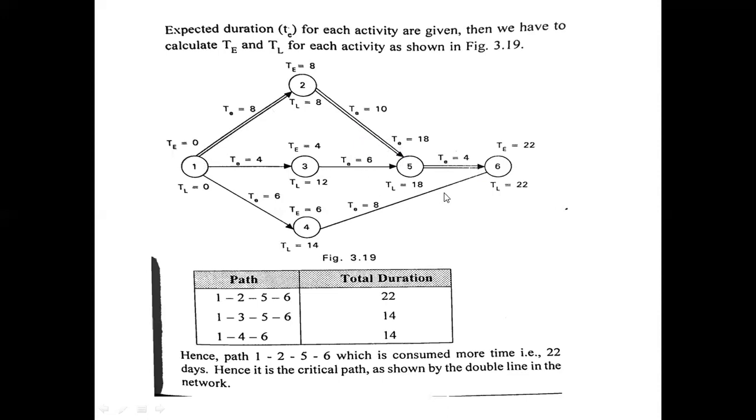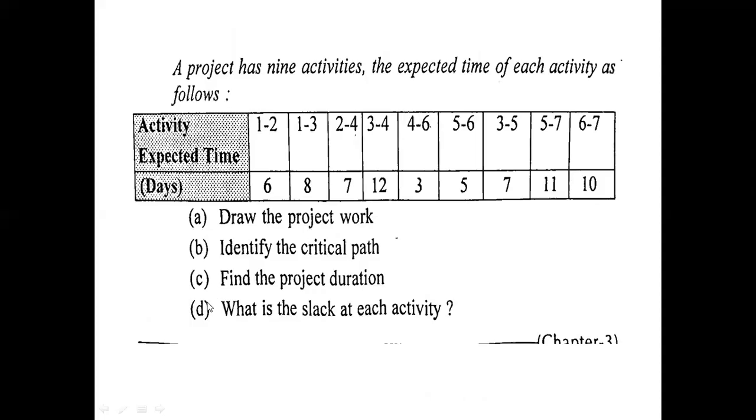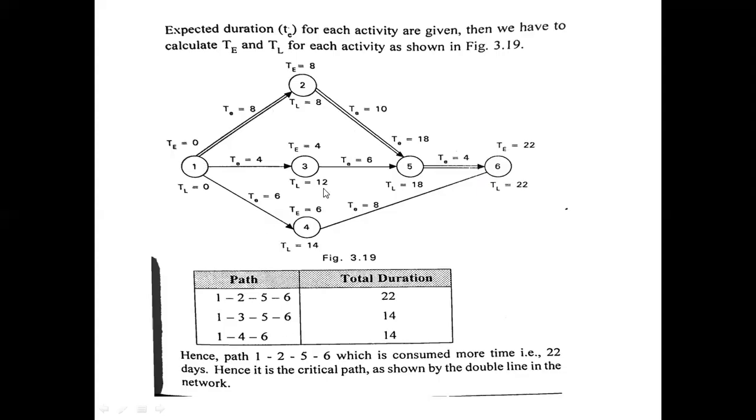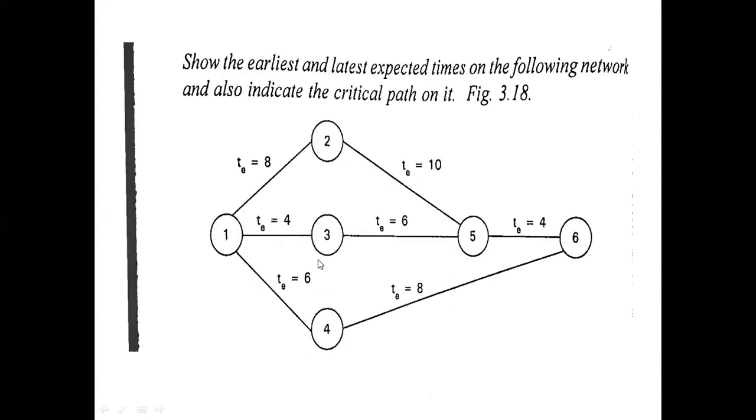So our critical path is 1, 2, 5, 6, which is going to consume more time, that is 22 days. Hence it is the critical path, as shown by the double line in the network. Go through this problem once again.